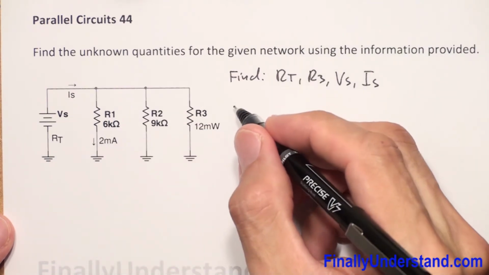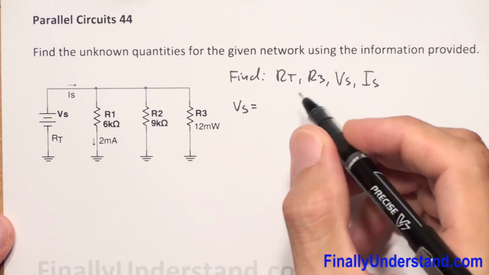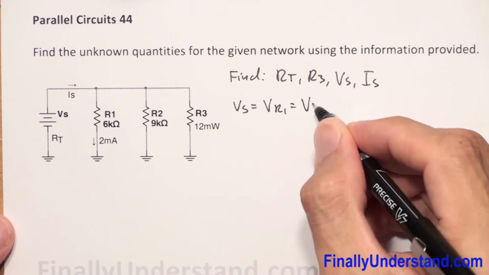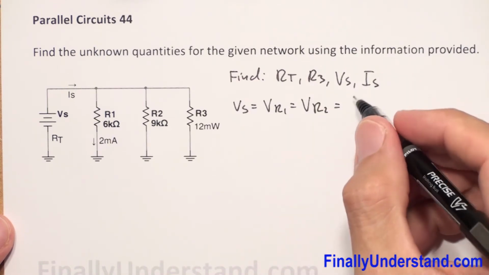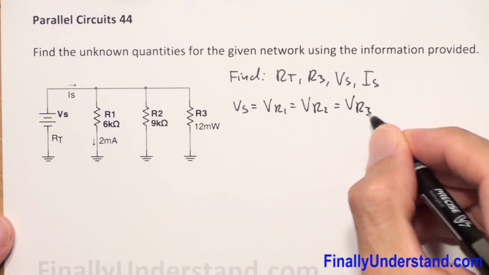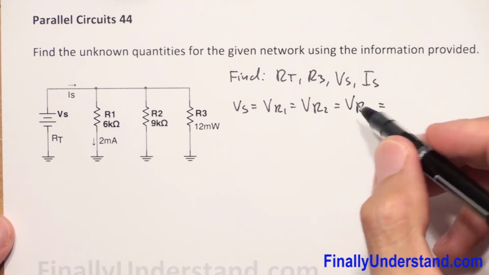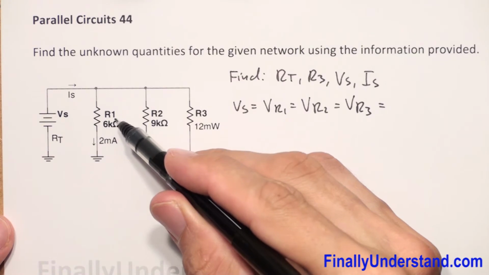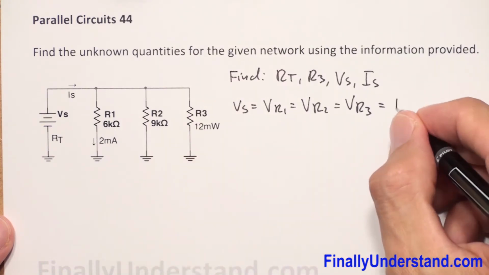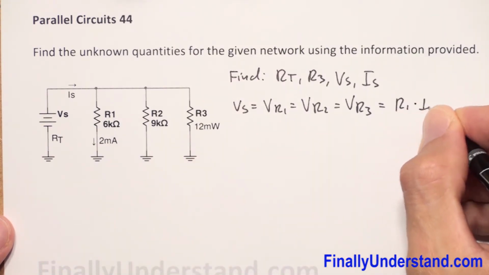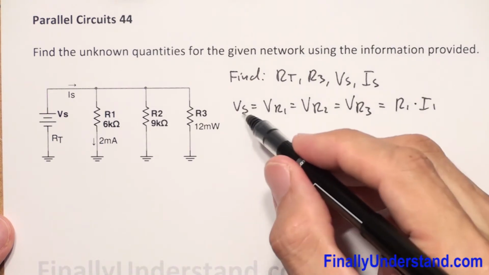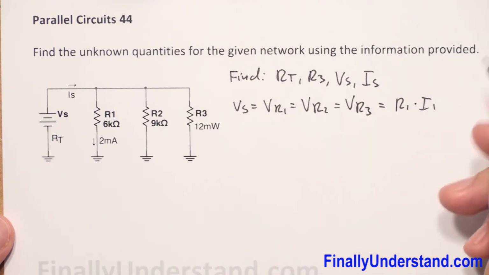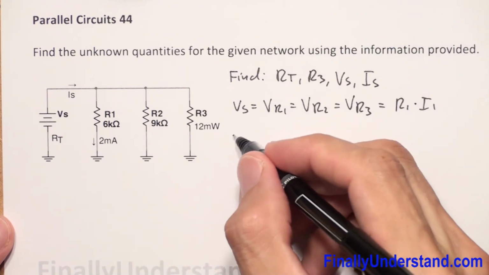Okay, so I can say that voltage source is equal to VR1, this is also equal to VR2, this is also equal to VR3. And how am I going to find this value? Simply multiply R1 times I1, because voltage is equal to resistance times current, or current times resistance.